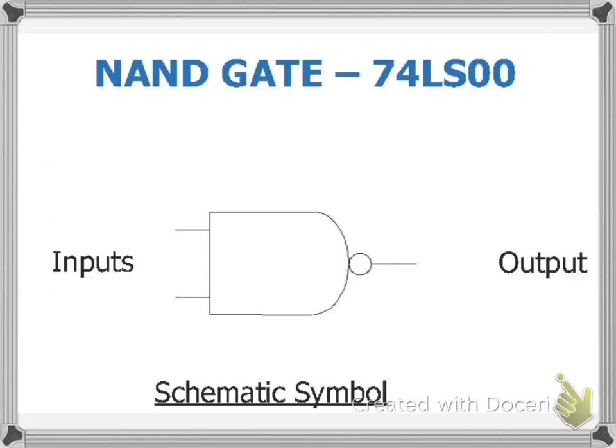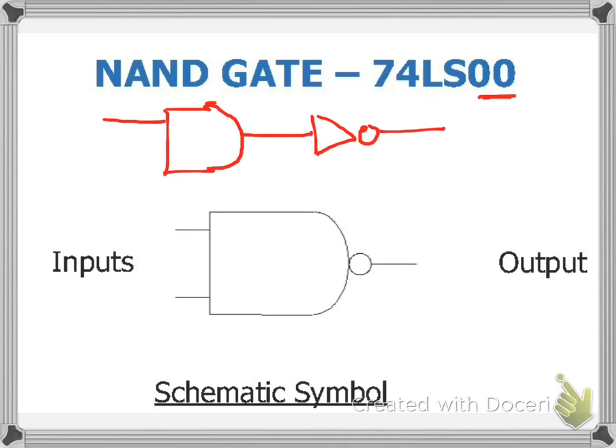The NAND gate. NAND stands for NOT AND, and has the opposite function of an AND gate. Literally, it's all in one package, where they invert the output of an AND gate using an inverter.